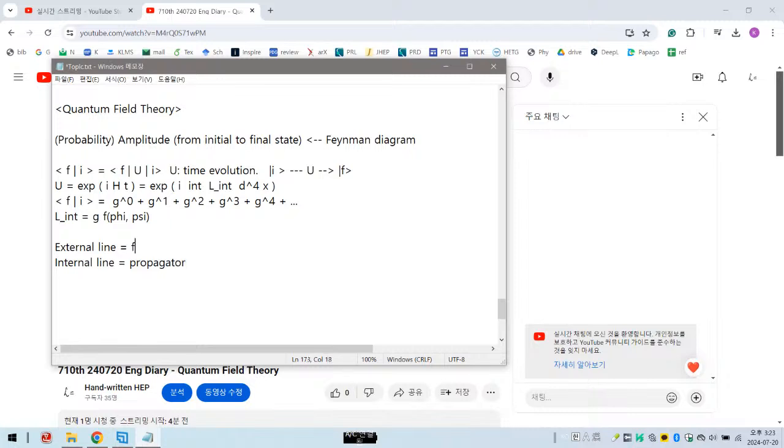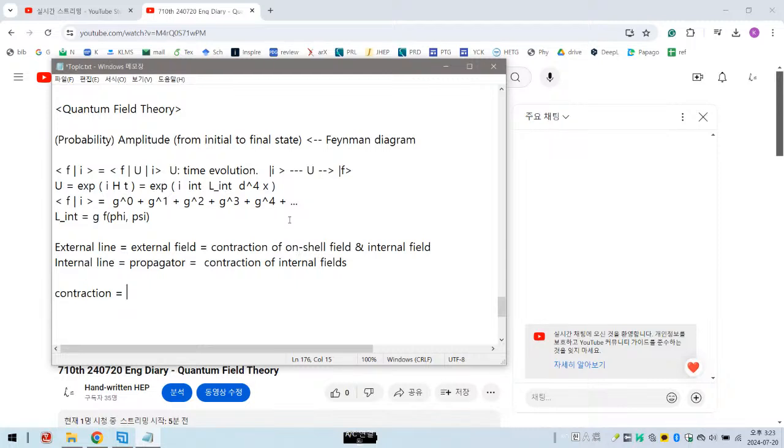The external lines correspond to the external field, and the internal lines correspond to the propagators. The external lines can be obtained by the contraction of an on-shell particle field and an internal field. And the internal lines come from the contractions of several internal fields. The contraction appears when we reorganize the order of the fields.